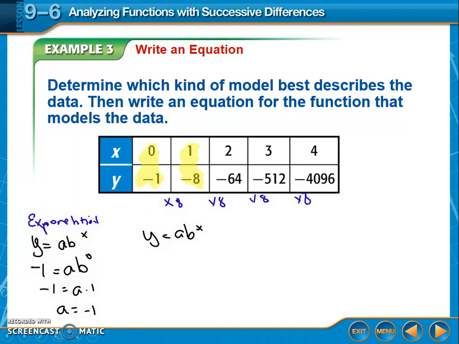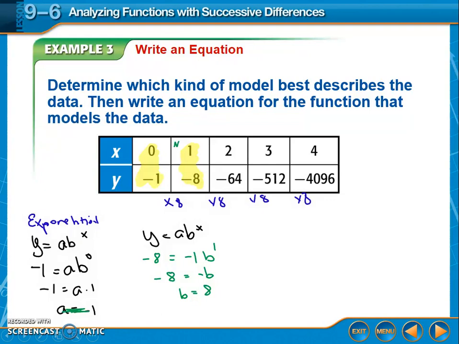Except now I already know what a is, so I'm also going to put in a. A equals -1. So I'm going to say y was -8, a is -1. I still don't know b, I want to figure it out, and I know x is 1 from up here. So b to the first is just b, so I get -8 equals -b, -1 times b, and so then b is going to be +8.